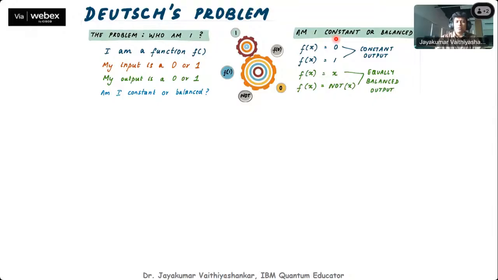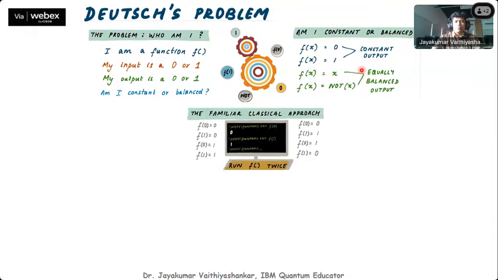On the contrary, if f of x equals x, then in a single run, the next time you give the same input, it will negate the output of the previous outcome. Then you can decide it is a balanced function. So the difference is very simple.